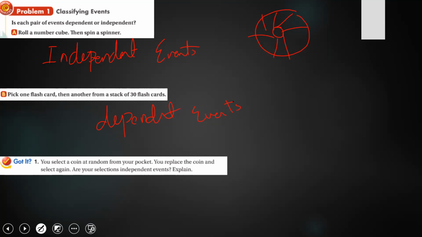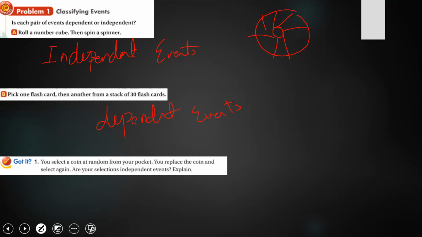Teacher, which question is this? This is number 9 in your practice book, page 691. Is it independent or dependent? Independent. Thank you. Number 10, a month is selected at random and a day of that month is selected at random.